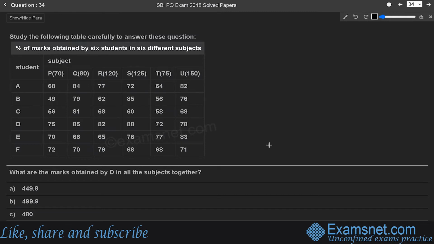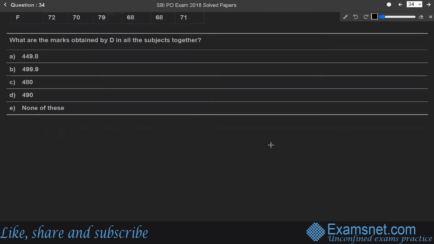Next question also has the same directions. What are the marks obtained by D in all the subjects together? So we can say that for D, marks obtained by D in subject P is equal to 70 by 100 into 75, which will be equal to 52.5.